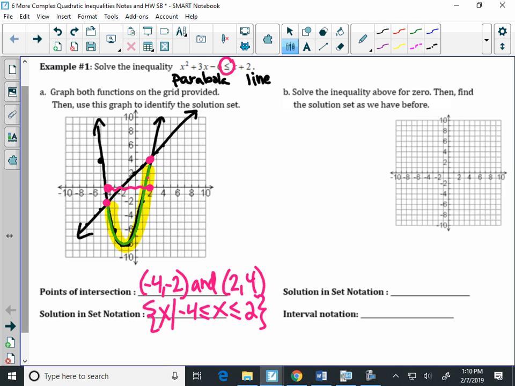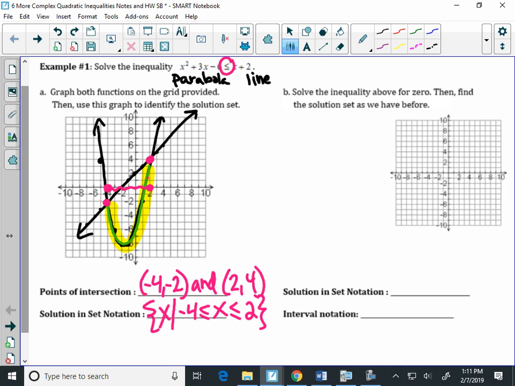Yeah, you can do that. But I just have those points there so we could see. It doesn't matter. Yeah, you can do it, however you want. So our solutions at the x values from -4 to 2 are where the parabola is always graphed underneath the line. Now that's one way to do this problem.